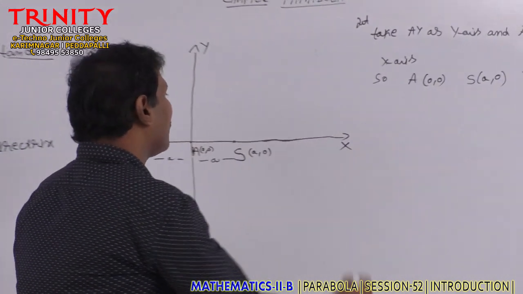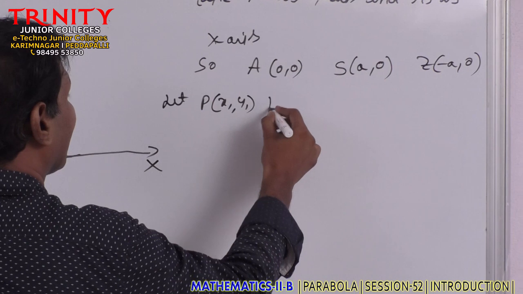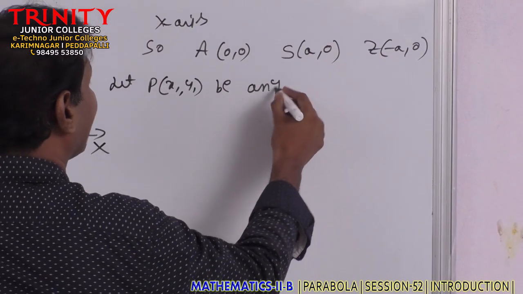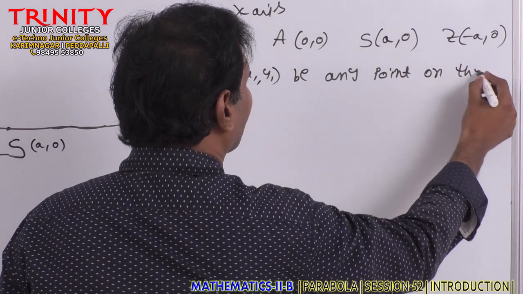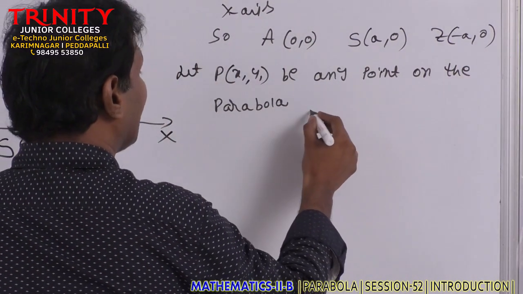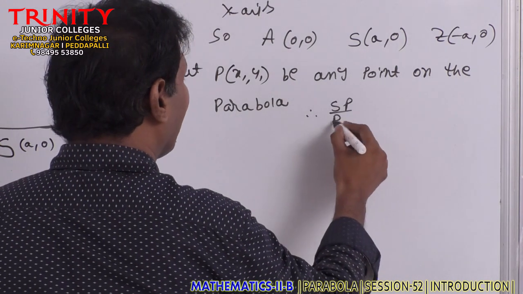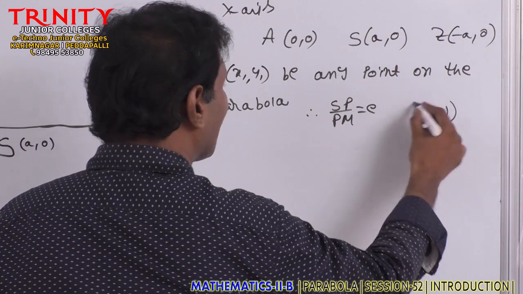Let P(x1, y1) be any point on the parabola. By the definition of a conic, SP/PM = e. It is a parabola since e = 1.